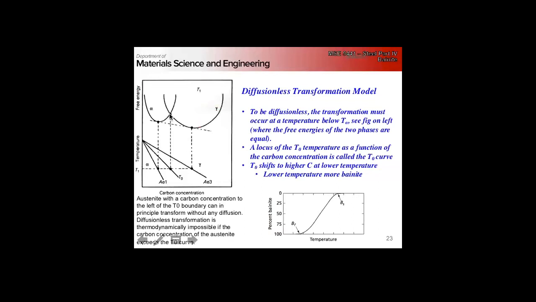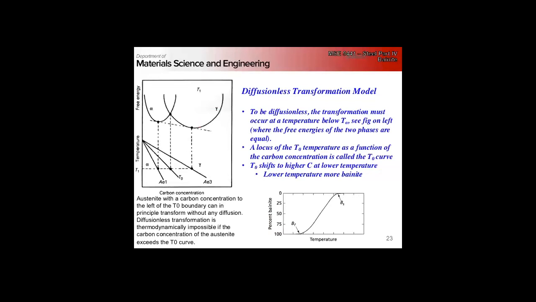And where they're equal, we call this the T0 curve. So if we plot the free energy curves for a range of different carbon contents and a range of different temperatures, and we look at where they intersect, this becomes the T0 curve.